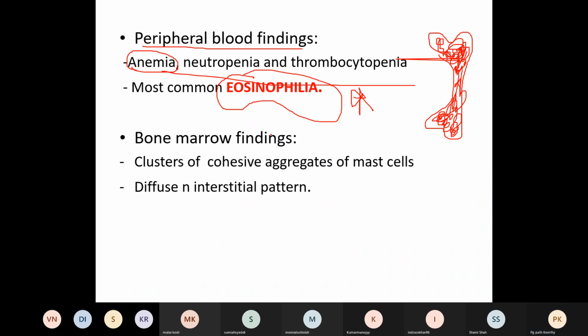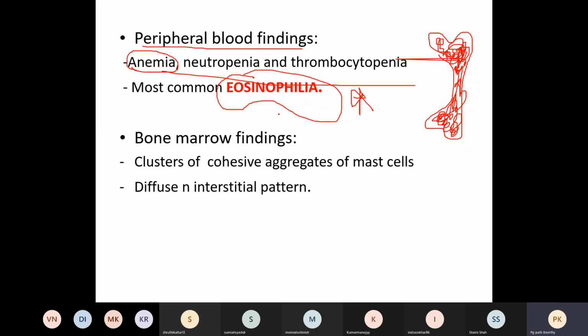Anyone? Anyone wants to answer? Why is there eosinophilia, not eosinopenia? Myeloid proliferation? Louder. It's okay, I appreciate that at least you tried.